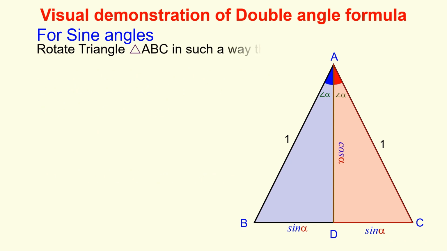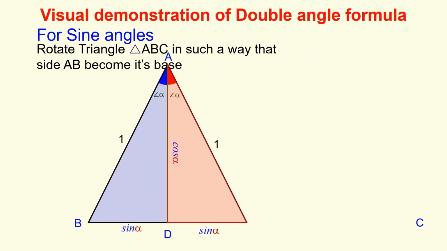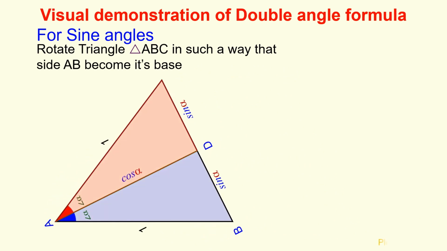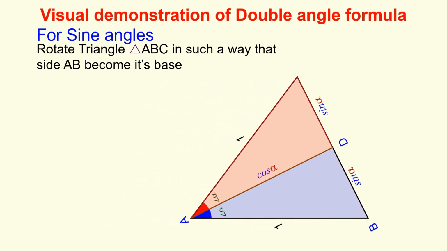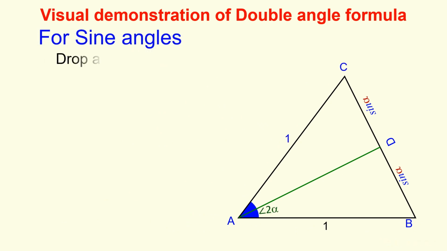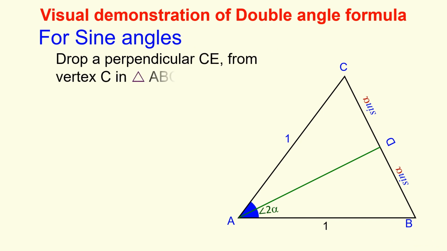Rotate triangle ABC in such a way that the side AB becomes its base. Now drop a perpendicular CE from vertex C in triangle ABC on side AB.